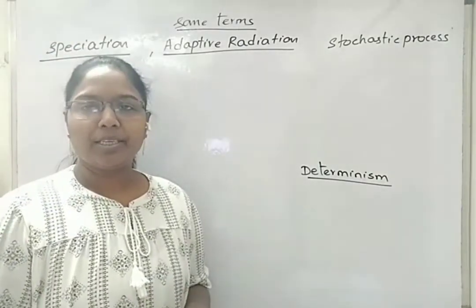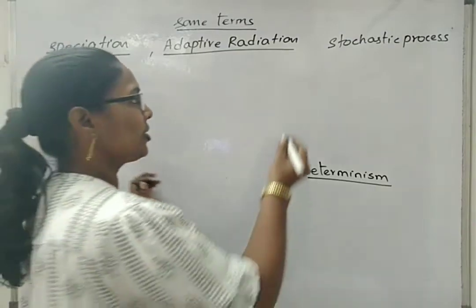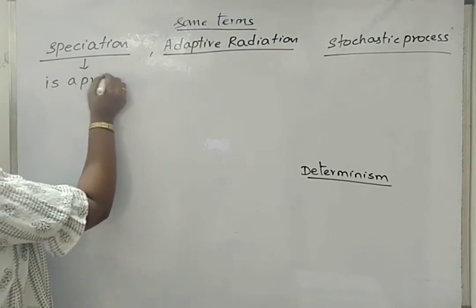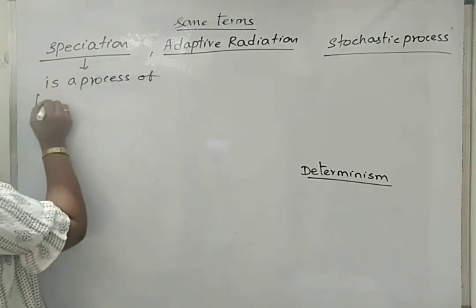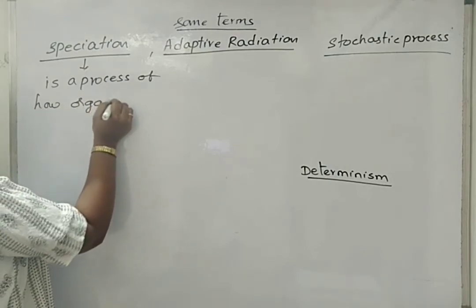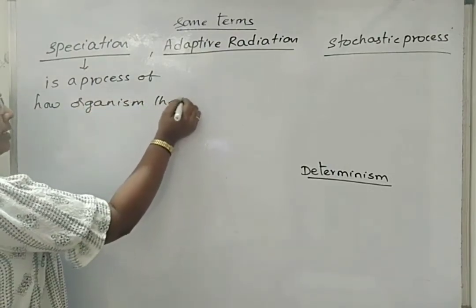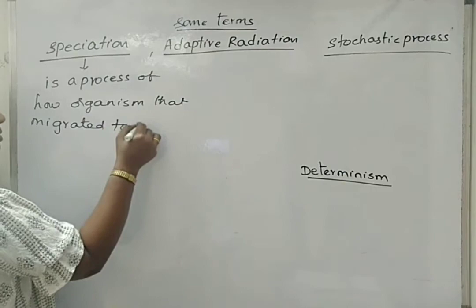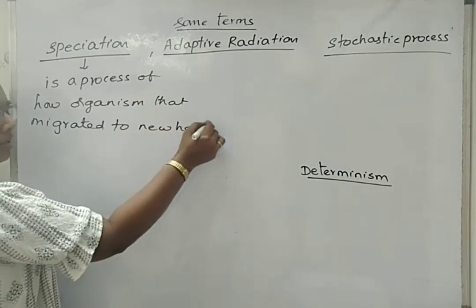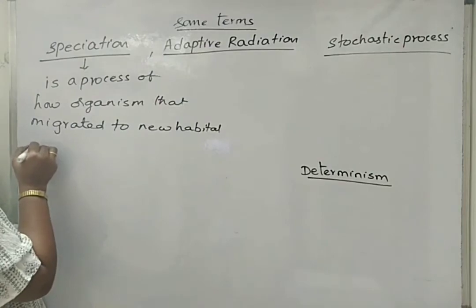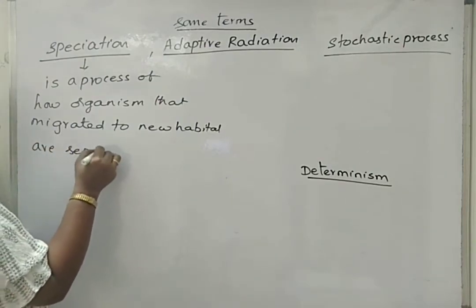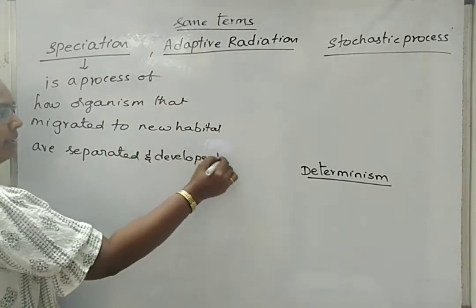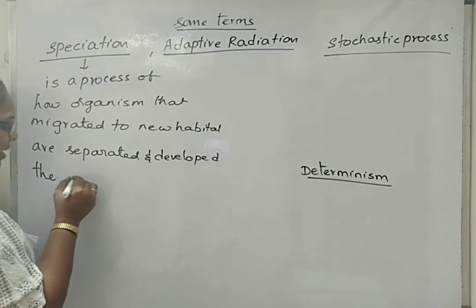We will see some of the points that are mentioned in the NCERT textbook. First one is speciation. It is a process of how organisms that migrated to a new habitat are separated and developed their own unique characters.